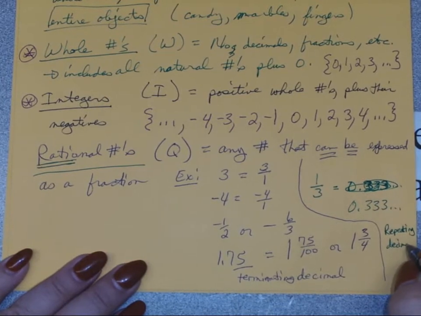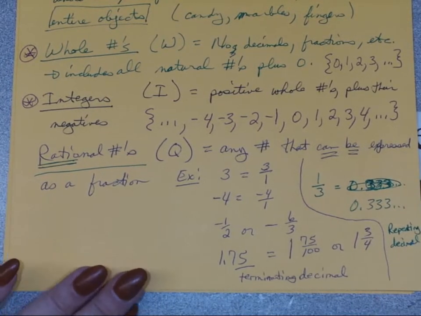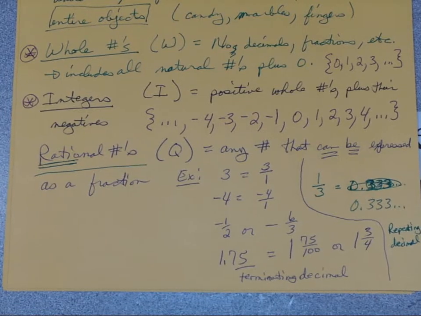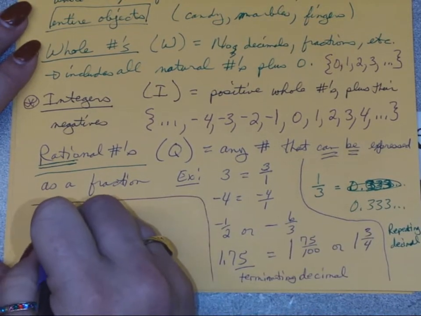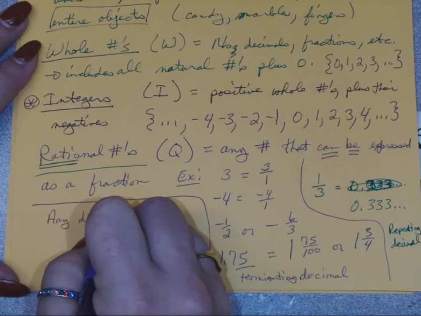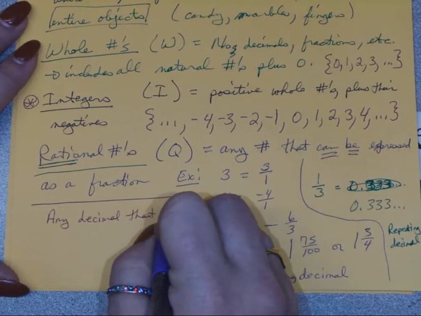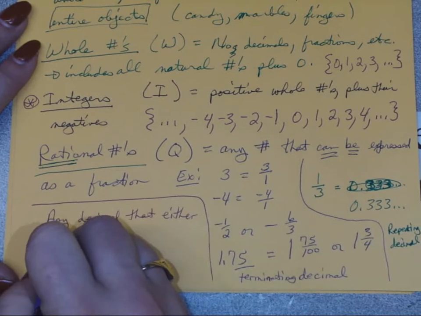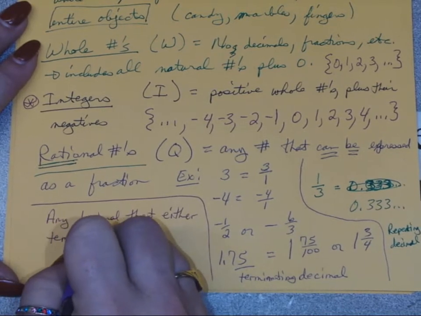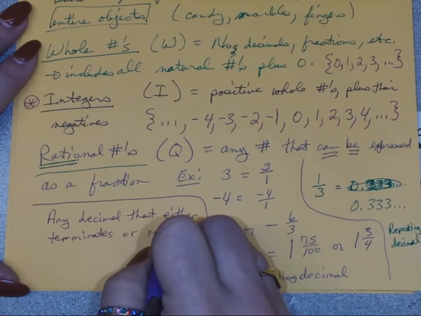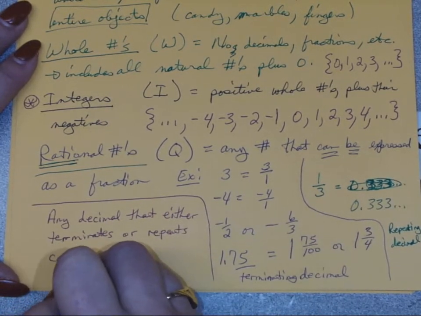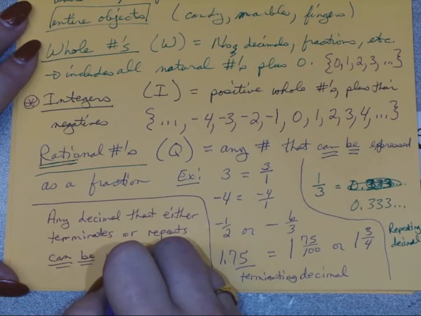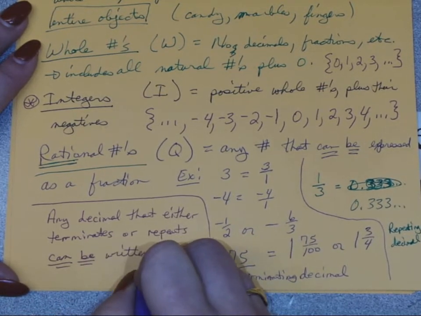It's important that we know that whenever we're looking at rational numbers, any decimal that either terminates or repeats can be written as a fraction.